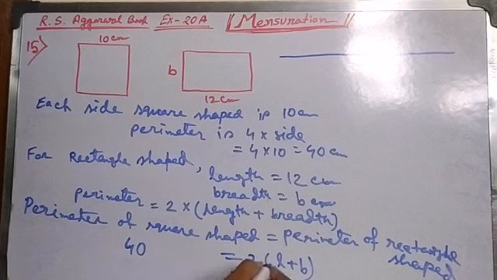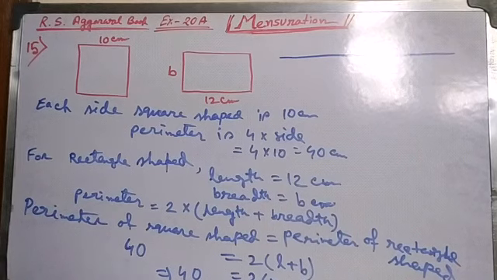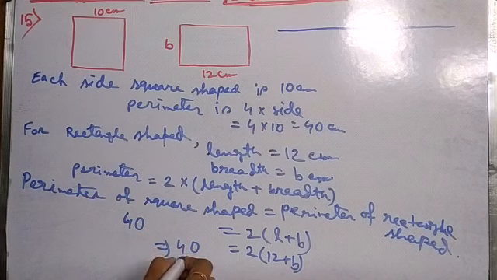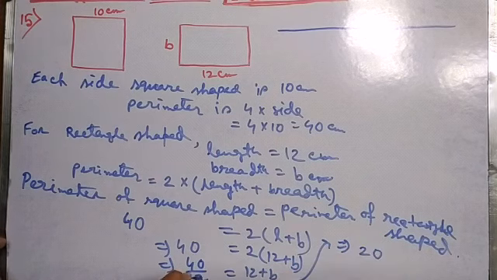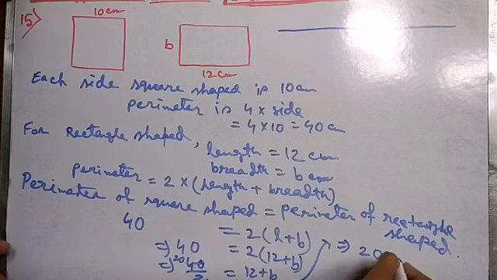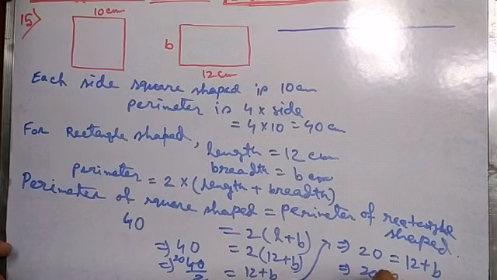Then I am putting this value: 40 equal to 2 into 12 plus B. Then 40 by 2 equal to 12 plus B. Then 20 equal to 12 plus B, that means 20 minus 12, so B equal to 8.